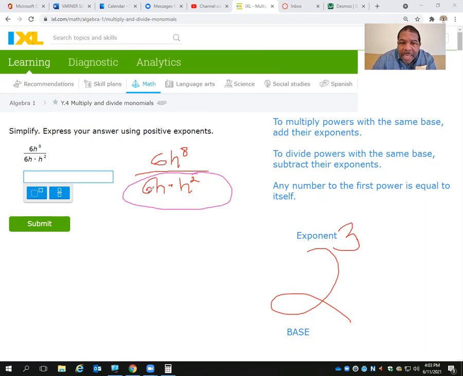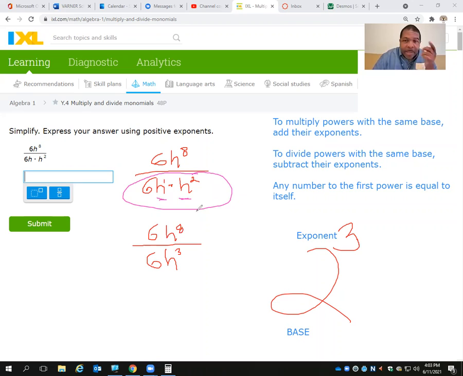I can multiply the h times the h squared, because it's the same base. I'm going to end up with 6, and I'm going to add the exponents: 1 plus 2 is 3. So now I have 6h3, and on top I have 6h8.